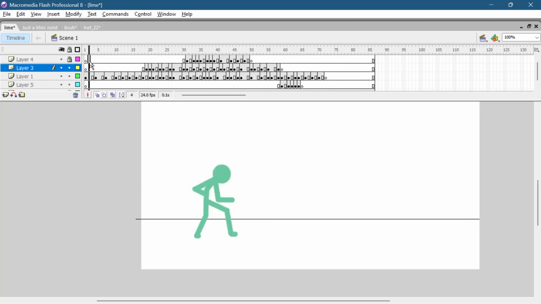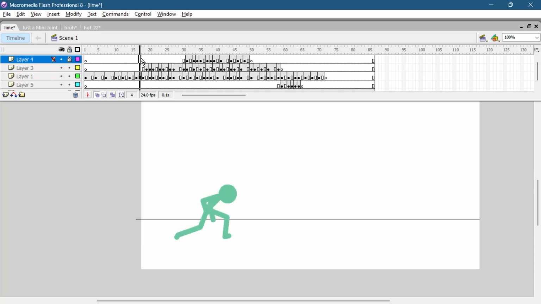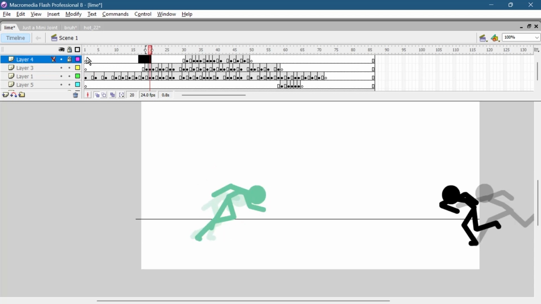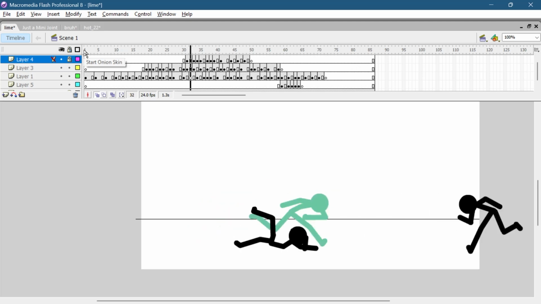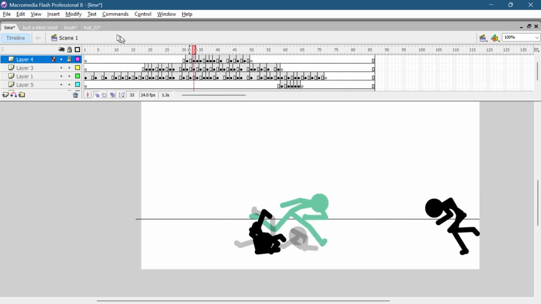So if we play the animation, you will notice these few starting frames look much smoother than when he's running. Let's play that part. I hope you noticed it, because I did.